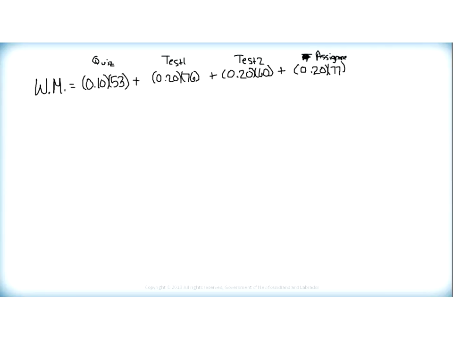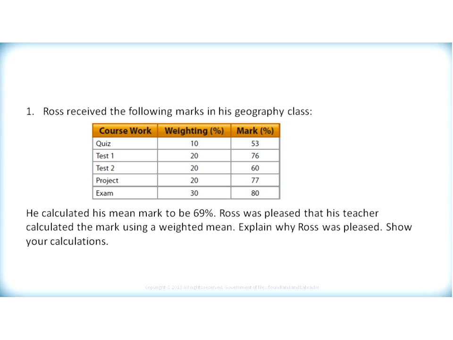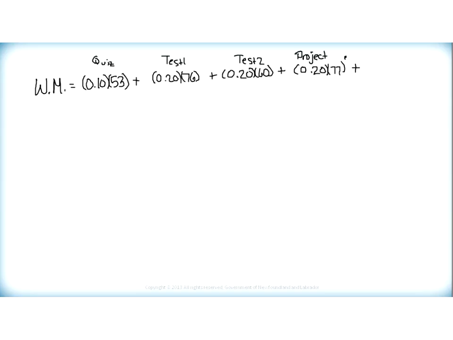That's on his project. And lastly, his exam was worth 30%, and he got an 80 on his exam. So we take the 30%, turn it into a decimal, 0.30, times it by his mark on his exam.